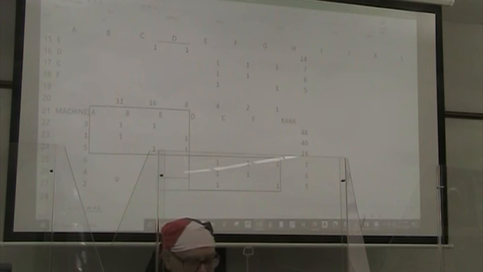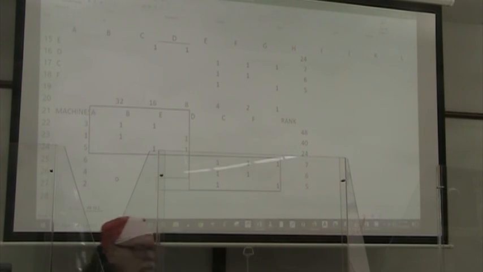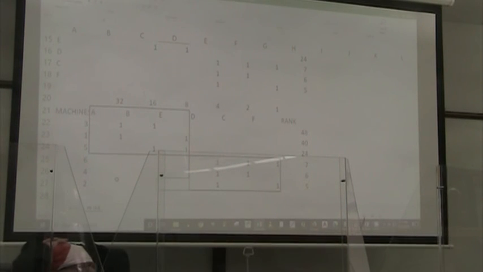In industry, how would you label those? Would it be by machine name, part name? A lot of times we would have part names.